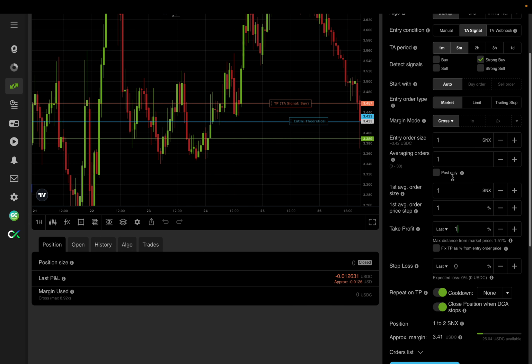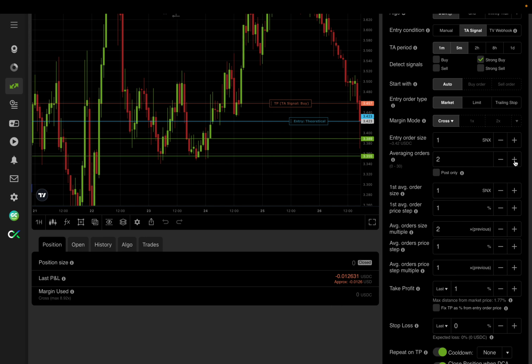Look, at one average order with take profit at 1%, the take profit at the time this average order executes will be at 1.51% from that market price. If there are 2 average orders and your second average order executes, take profit will already be at 1.77%.